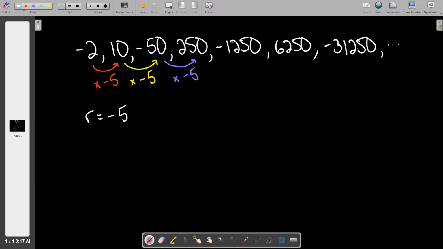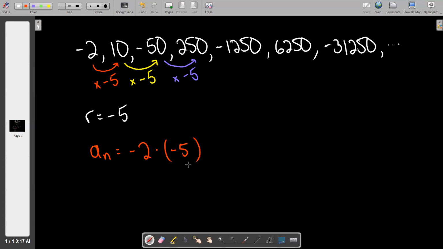Okay, the next thing on our to-do list is to write the explicit formula. And the explicit formula for this one is going to be A sub n equals what? Good job, Dallas. -2 times, and then what's the common ratio? Good job. So I'm going to put times, and then I do need to put this R value in parentheses because it's a negative.